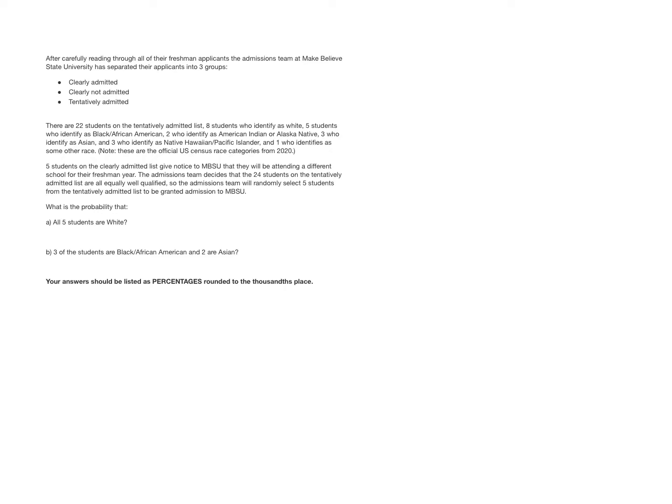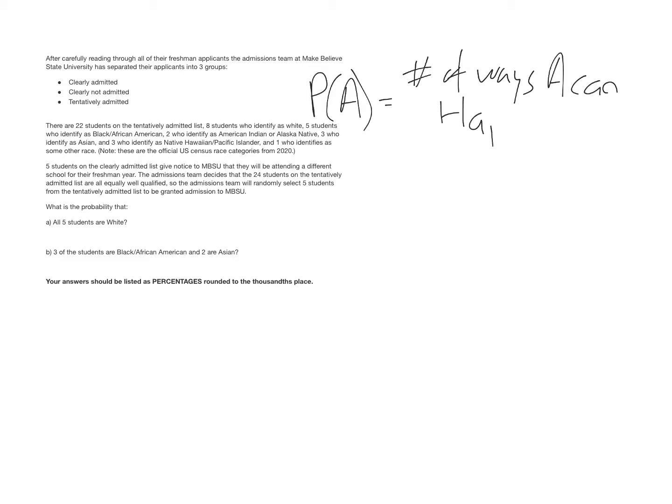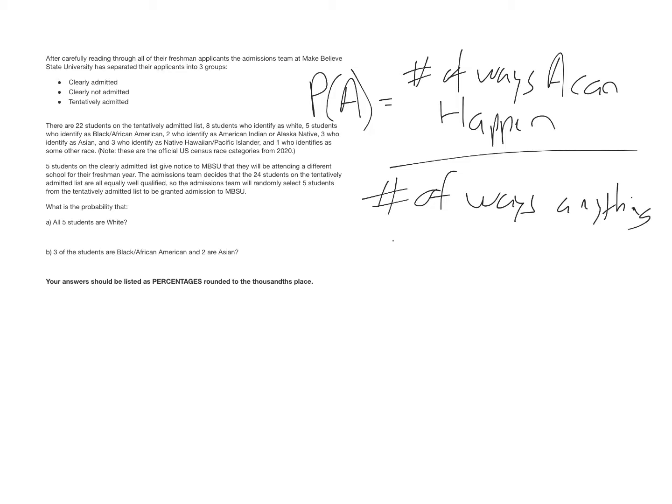As we know, the probability of some event A is just the number of ways A can happen divided by the number of ways anything can happen. So what are all the things that can happen?